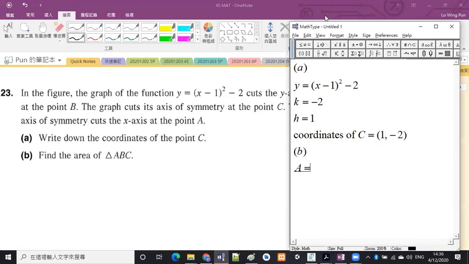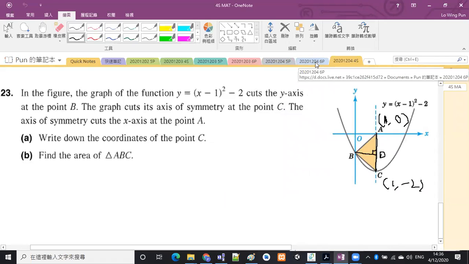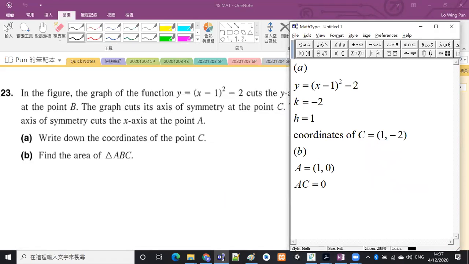Okay, so point A should be 1, 0. Okay, and then the length of AC will be equal to 0 minus -2. 0 minus -2. So that is equal to 2. That is the base of the area, so the base of the triangle ABC.